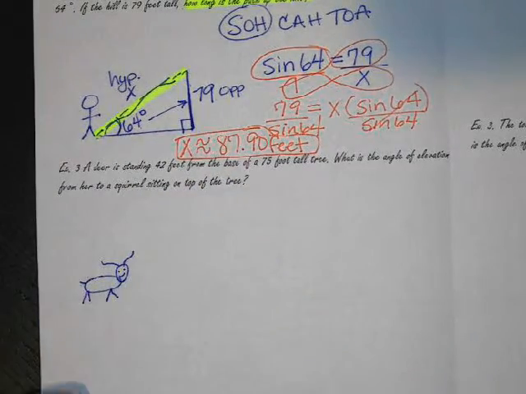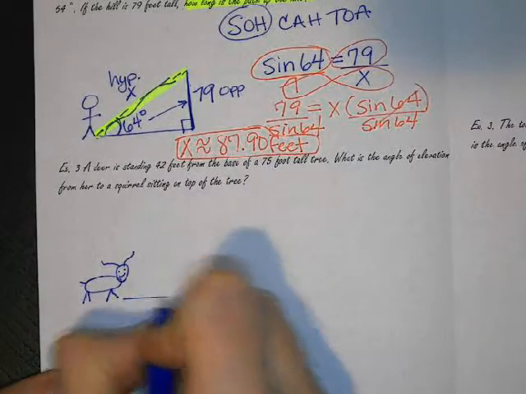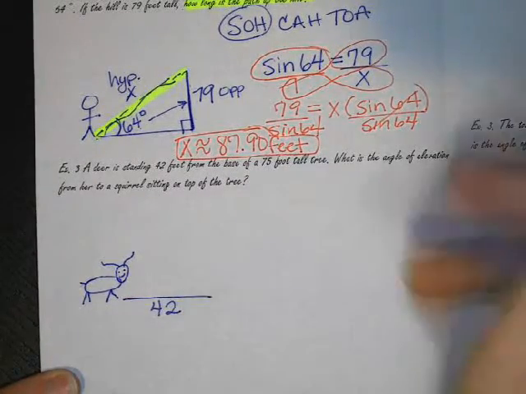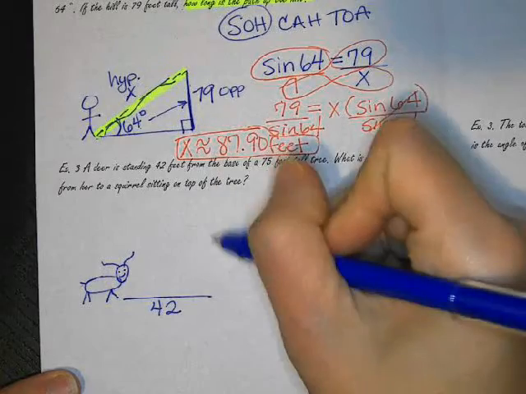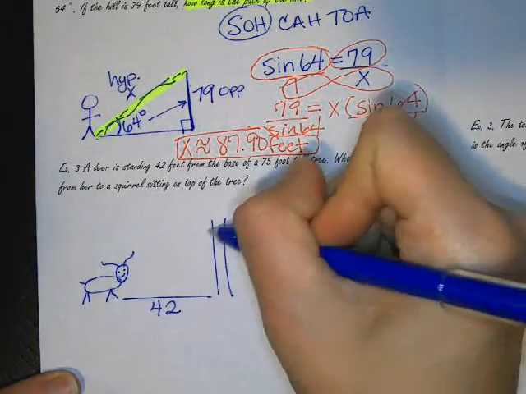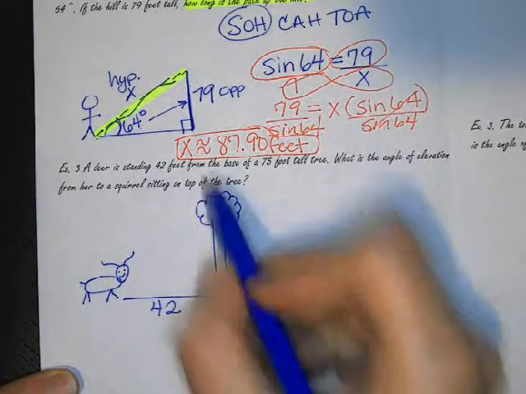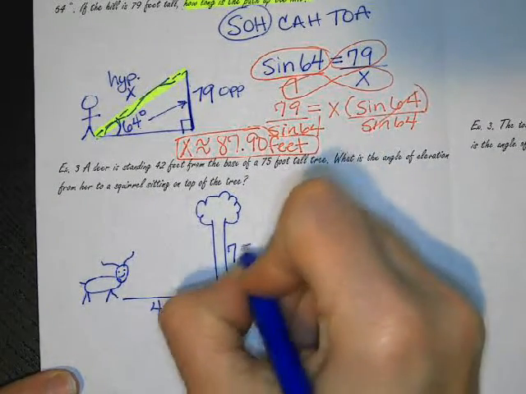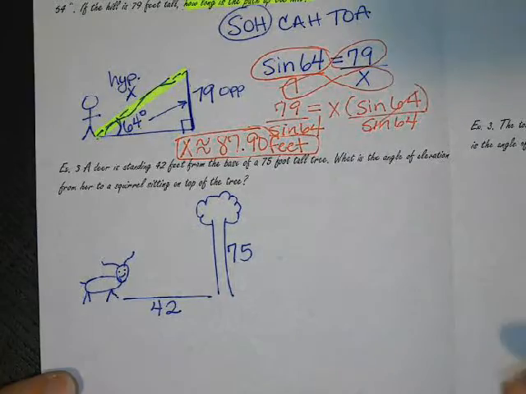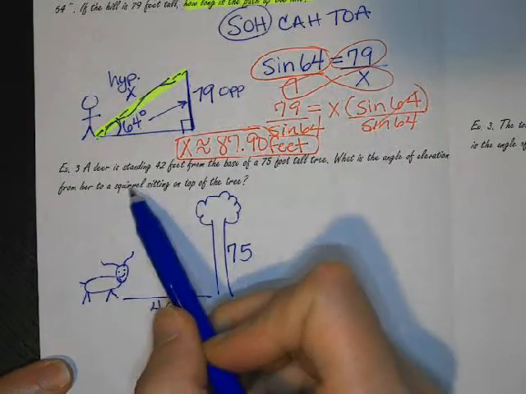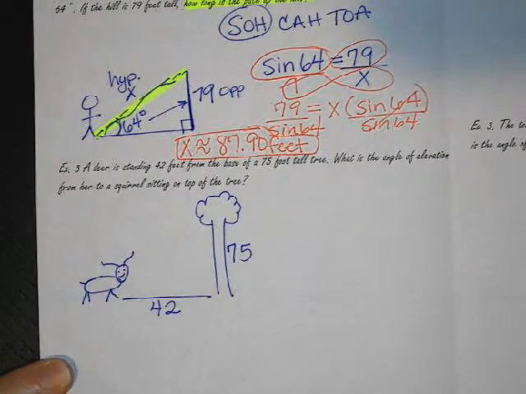Okay. So, a deer is standing 42 feet from the base of a 75-foot tall tree. So here's my tree. It only branches up here, you know. Okay, so 75 feet tall. What is the angle of elevation from her to a squirrel sitting at the top of the tree?